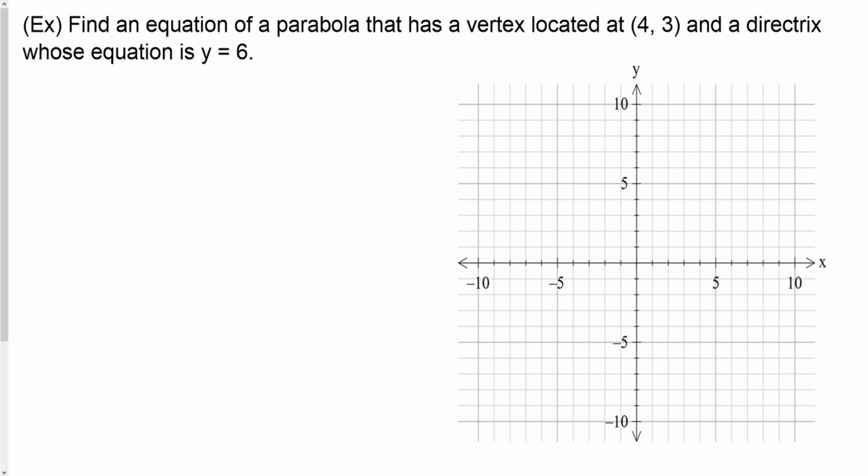Find an equation of a parabola that has a vertex located at 4, 3 and a directrix whose equation is y equals 6. So 4, 3 is the vertex and the directrix is y equals 6. So y equals 6 is going to be right here.